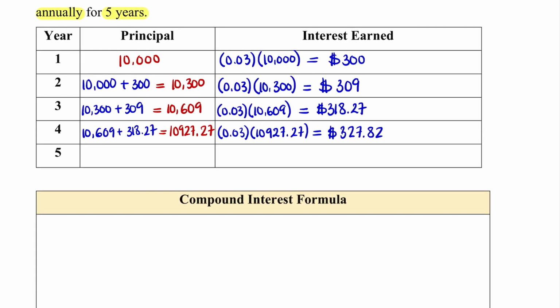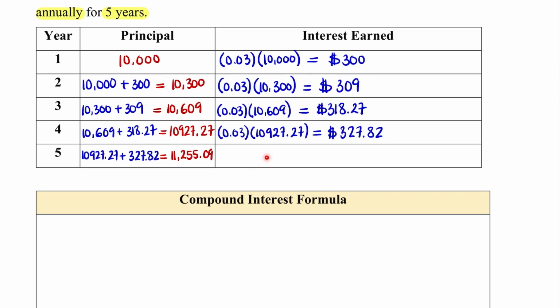The principal for my fifth year will be 10,927.27 plus 327.82, which is 11,255.09.